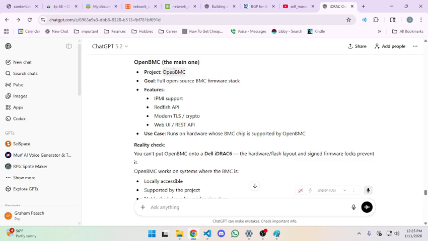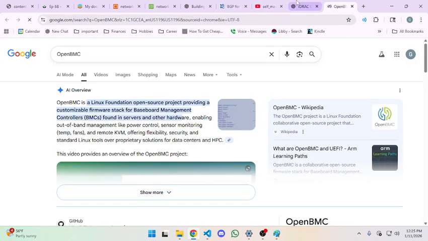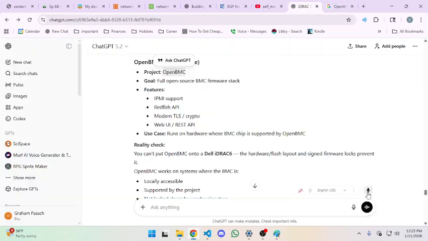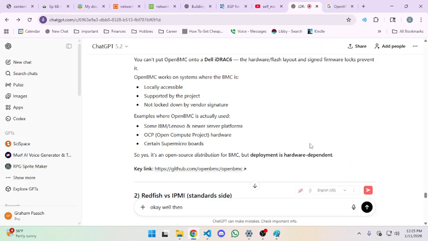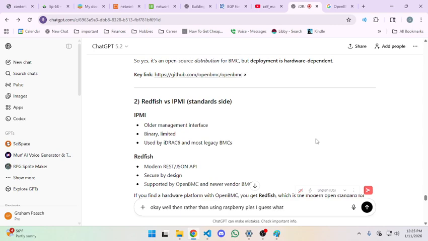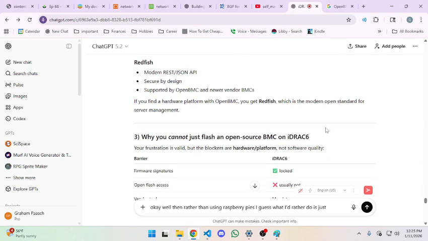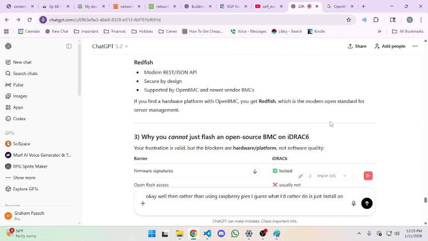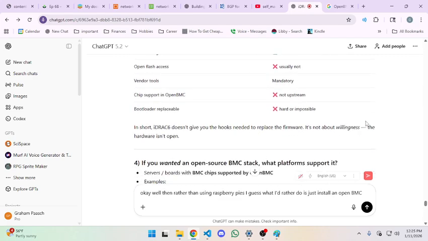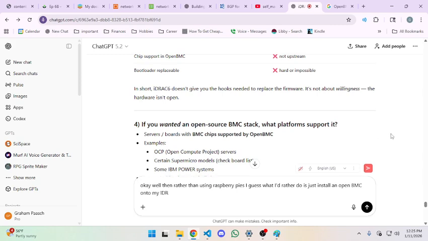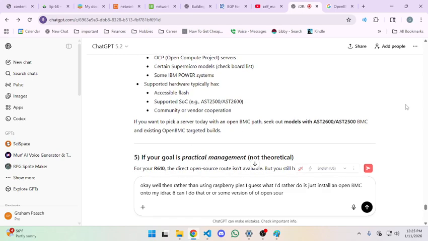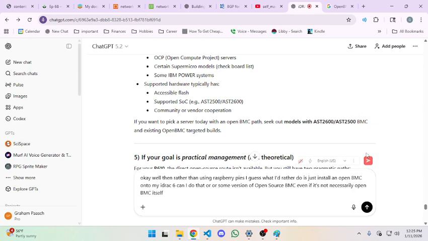So we got OpenBMC. I guess I'd rather just do that. Okay, well then, rather than using Raspberry Pis, I guess what I'd rather do is just install an OpenBMC onto my iDRAC6. Can I do that? Or some version of open source BMC, even if it's not necessarily OpenBMC itself.